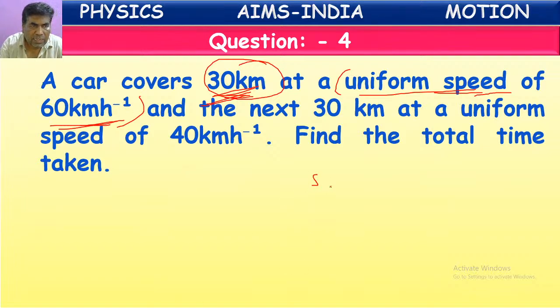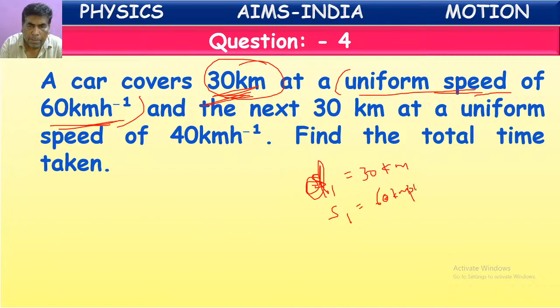So first distance, let us take it as D1. What is the first distance? D1 is 30 kilometer. What is the first speed? S1, how much? 60 kmph.